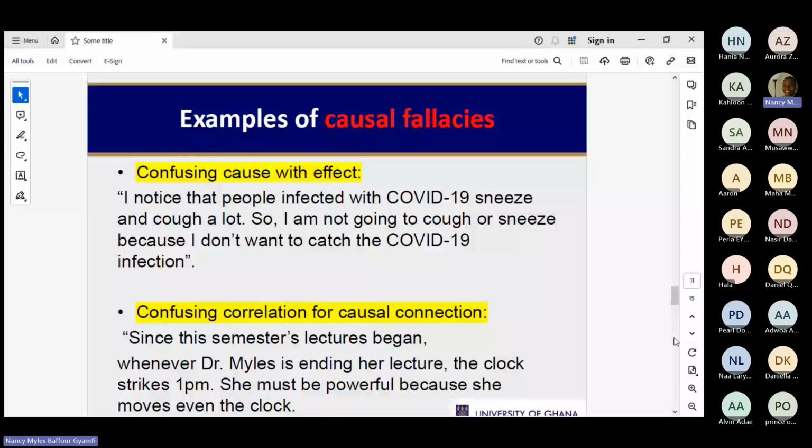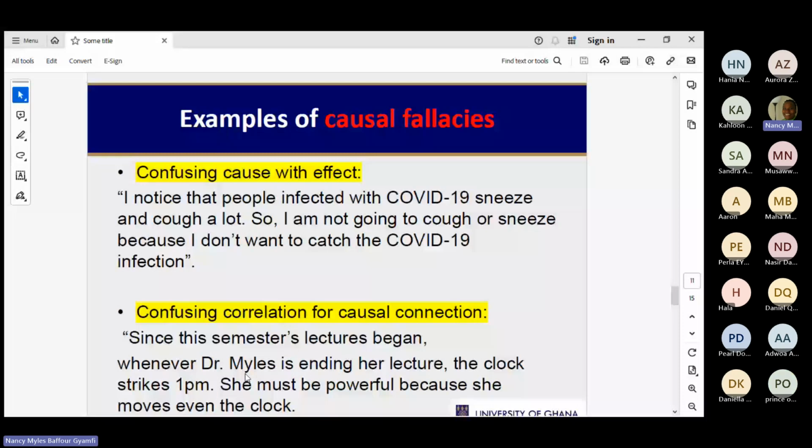Now, suppose someone argues this way: Doc, I don't want to get cholera, so I am not going to vomit or poo for the rest of my life. That confuses the cause with the effect. If you like, don't poo and don't vomit for the rest of your life. You can still get cholera, because it is the getting of cholera that brings about pooing and vomiting, and not the pooing and vomiting that brings about cholera. So this person has confused the cause with effect.